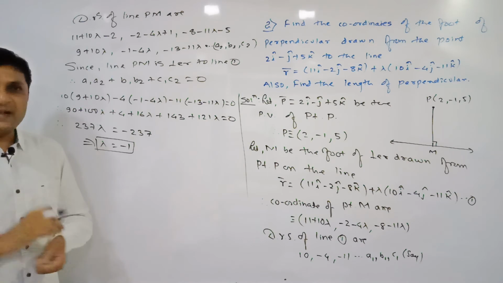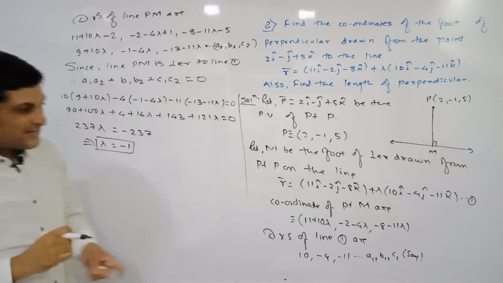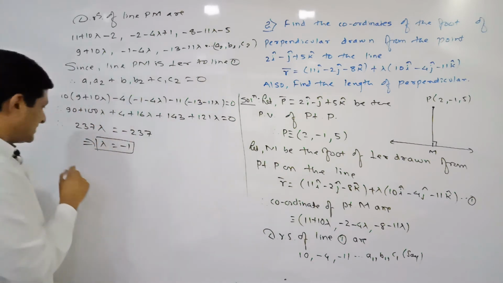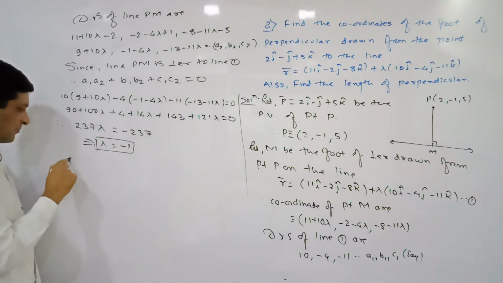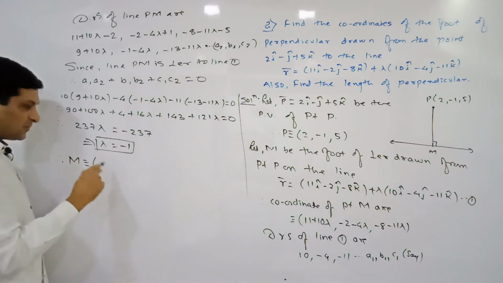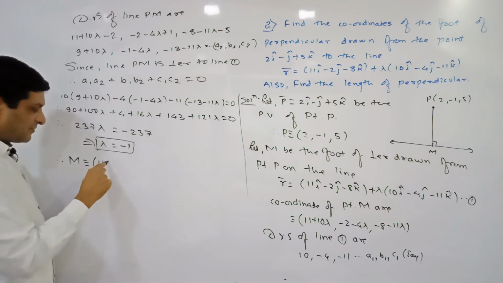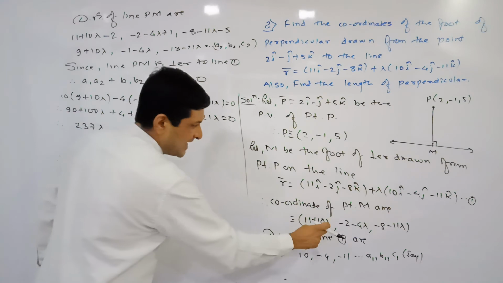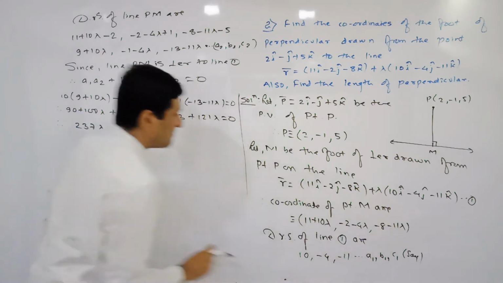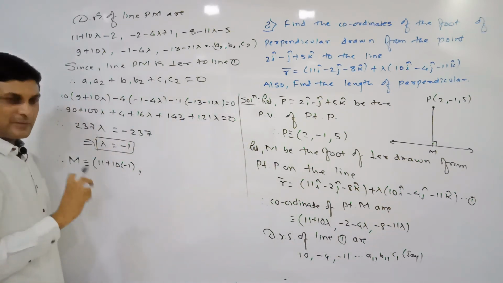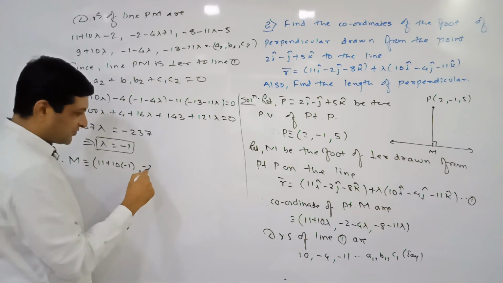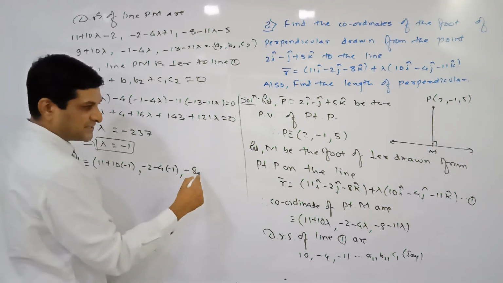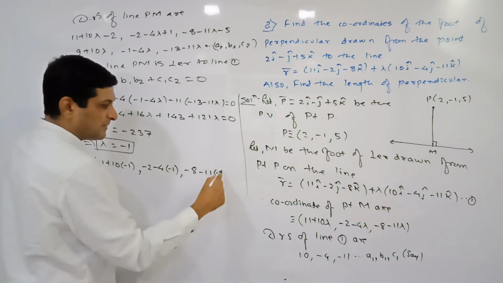Once the value of lambda is known to us, we are easily able to find the coordinates of point M. So the coordinates of point M are 11 plus 10 into -1. Just we are replacing lambda by its value. What is the value of lambda here? -1. So here -2, -4 into -1, -8, -11 into -1.